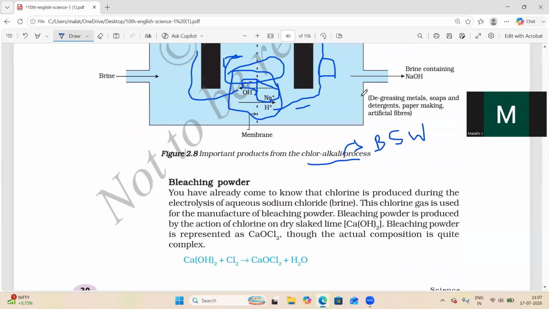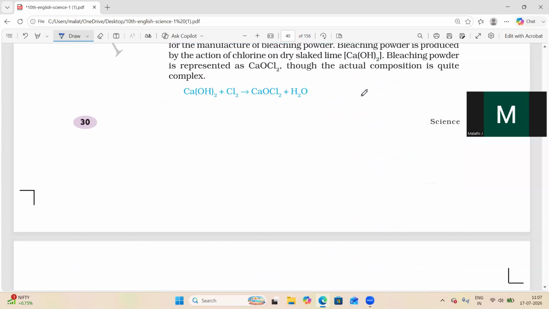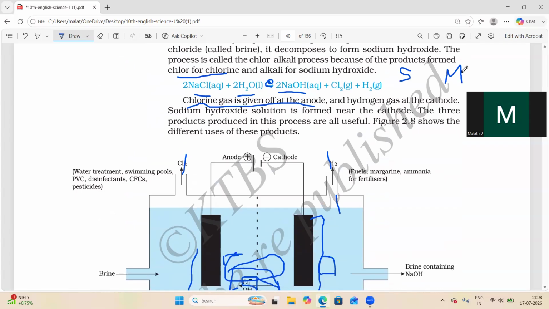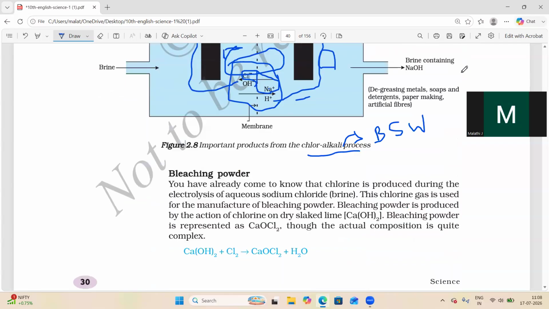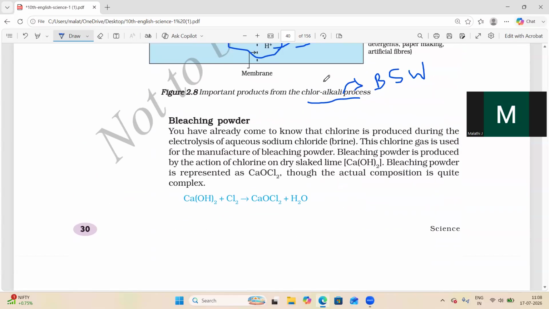What are the uses of this sodium hydroxide? Sodium hydroxide can be used in the preparation of soaps and as a degreasing agent for metals. Then the second one is bleaching powder.